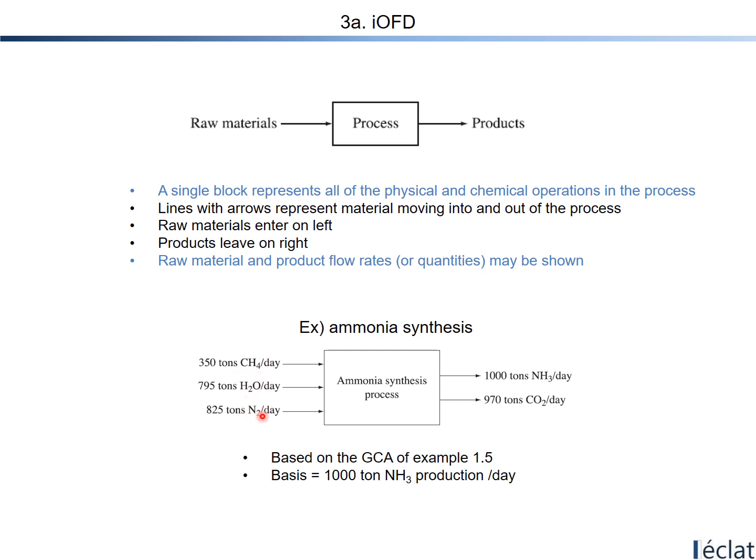Also, the corresponding flow rates are given to you in this input stream, like 350 tons methane per day. Also, the same thing on the right side of the product line. So 1,000 tons ammonia per day, which is the desired product. That is the input-output flow diagram, shortly IOFD.